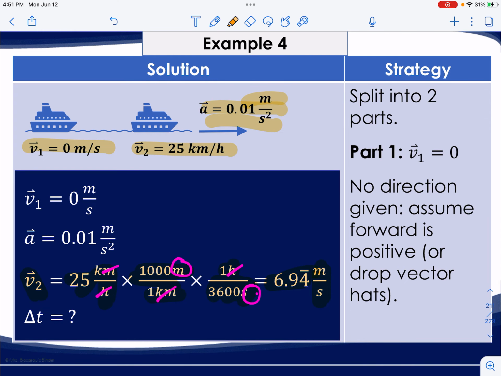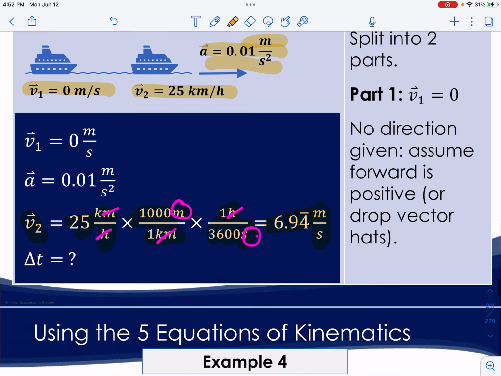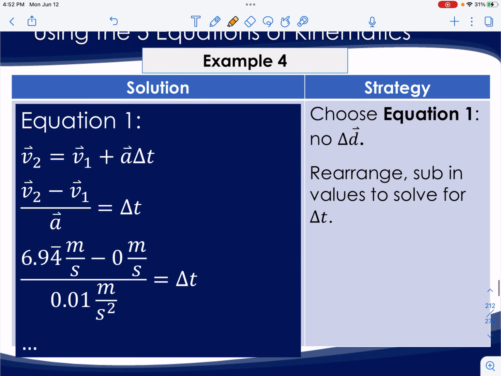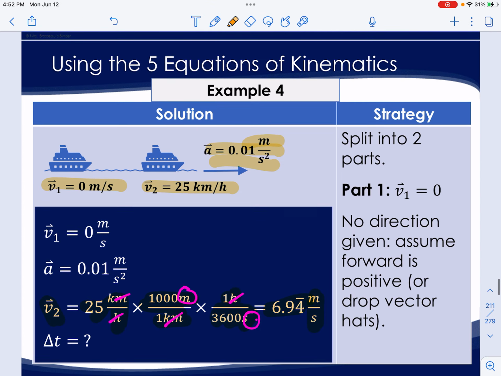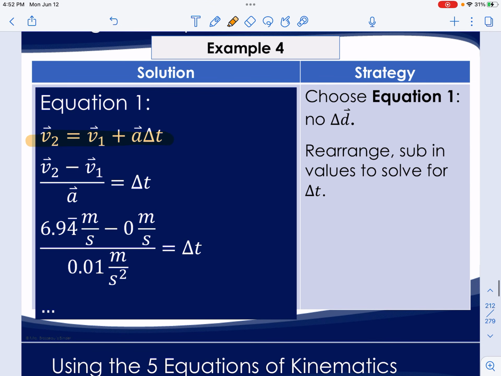So no direction is given, so assume forward is positive, or you can get rid of the vector hats and say that we're solving this without direction. We can use this equation, rearrange to solve for delta t, because it's asking how long it takes.